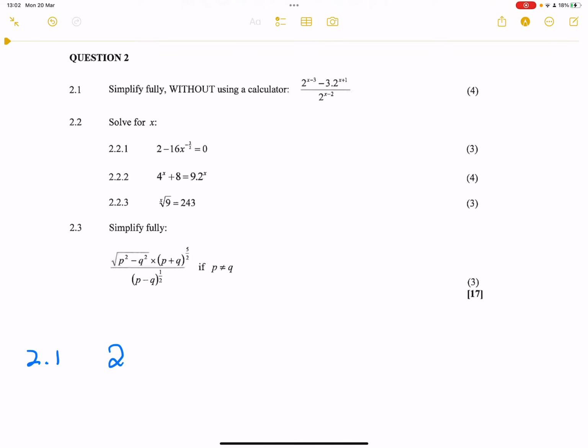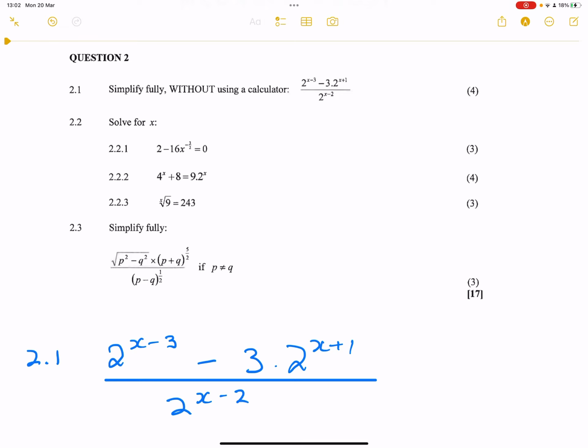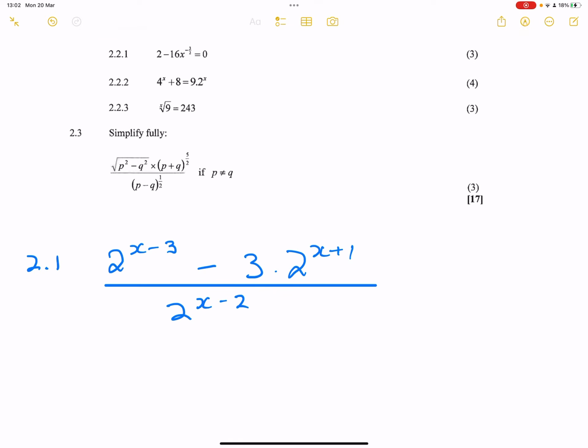So we've got 2 exponent x plus 1 minus 3 times 2 exponent x minus 2, divided by that. So we're going to now take the laws of exponents.